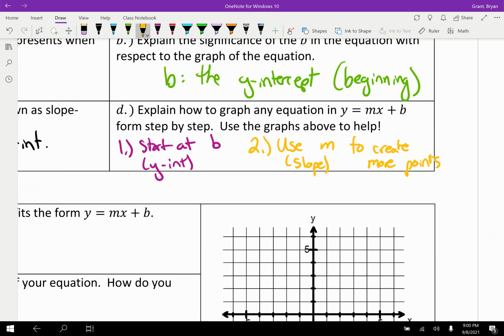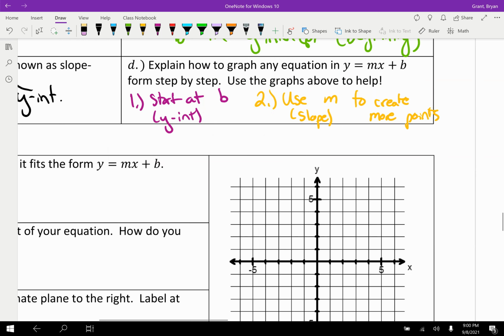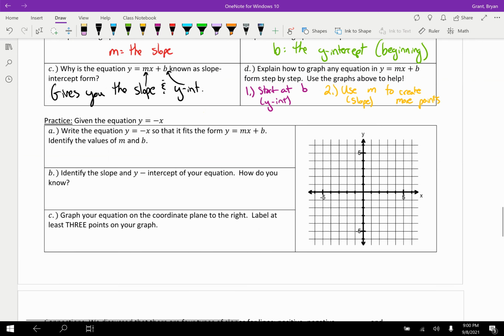That's it, right? We use one number, the y-intercept, that's our starting point. We use m to move or to create more points. And that's it. So, why don't you guys go ahead and try one of these on your own, and then we'll talk about what we're doing for the rest of class.